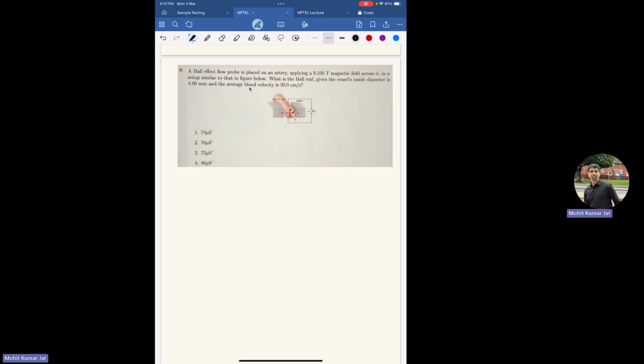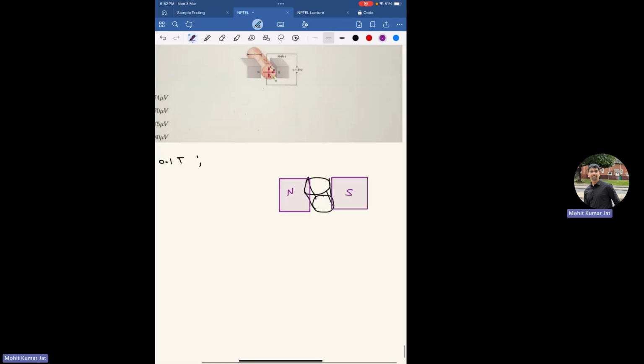Okay, magnetic field is given, B is 0.1 Tesla. So the setup is given, the blood flows in this artery, and magnets are placed here on the two ends. This is north and this is south.